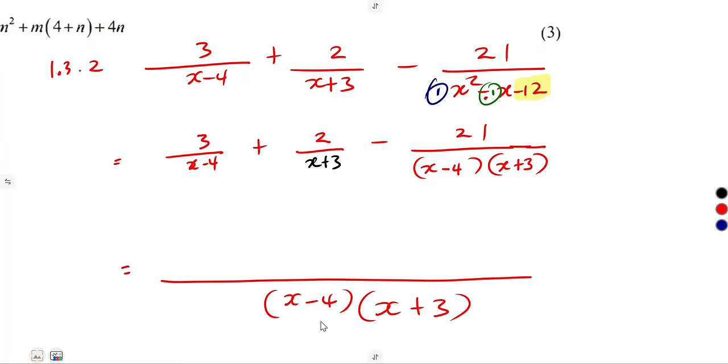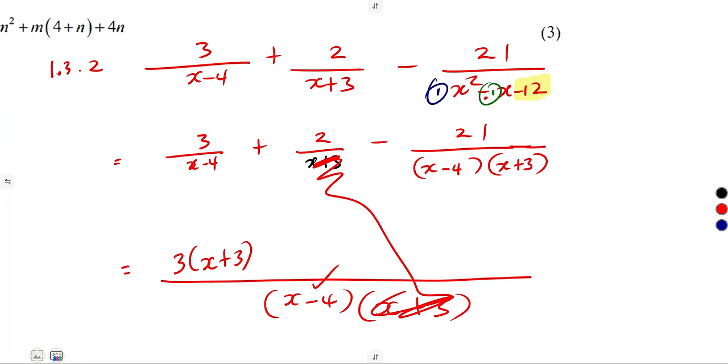So if we were to divide the first one, x minus 4 and x minus 4 are going to cancel and you remain with x plus 3. So it is going to be 3 into x plus 3. If you take the second part, x plus 3, if you divide this denominator into this one, x plus 3 and x plus 3 are going to cancel, guys.